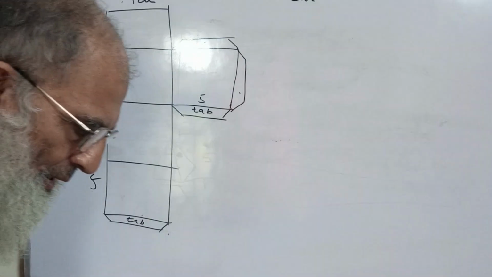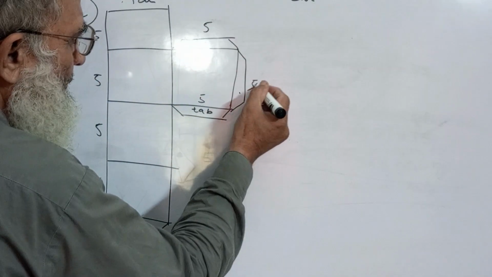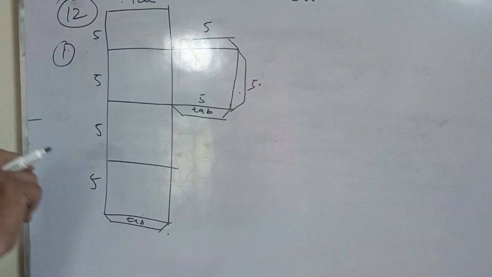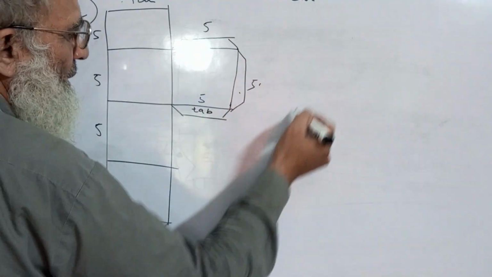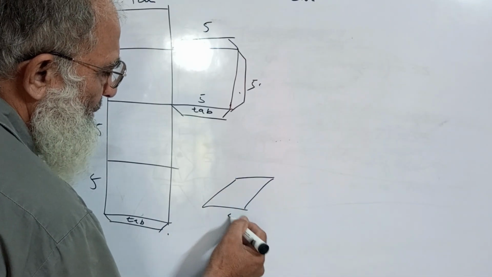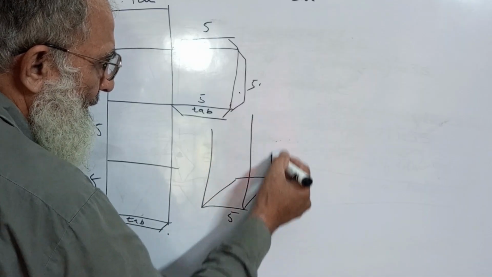You see that this is also 5, this is also 5. So it is a square based rectangular box. If I make it like this, this is its square base 5, 5, and the height is 9.